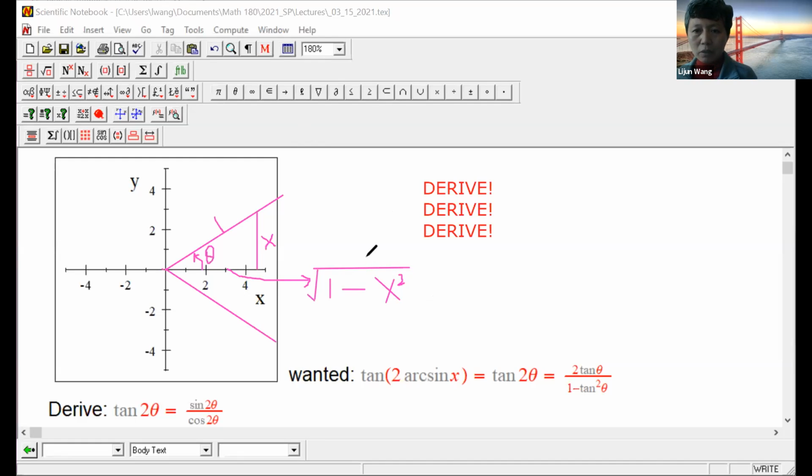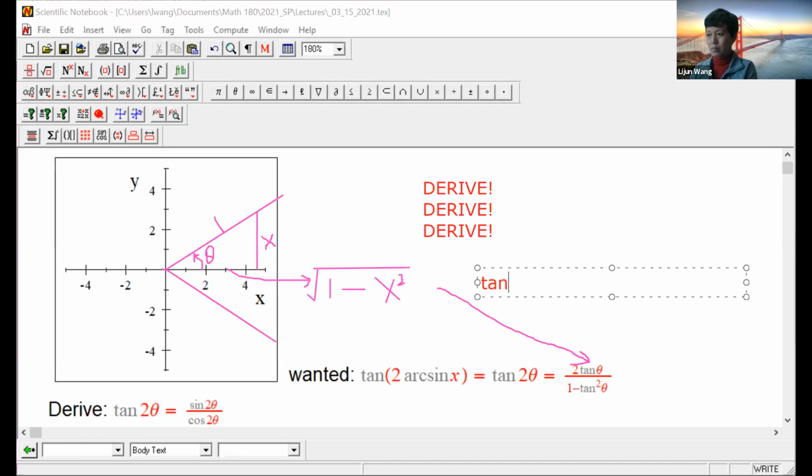Sine theta divided by cosine theta is tangent theta. And then once you find tangent theta, you plug in here. Plug in there, then we're done.